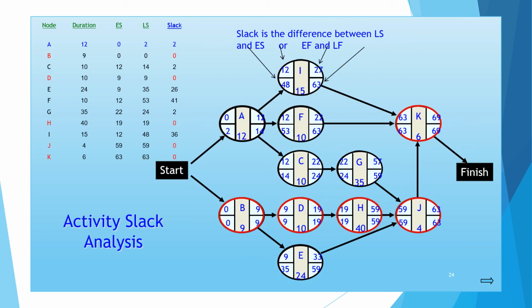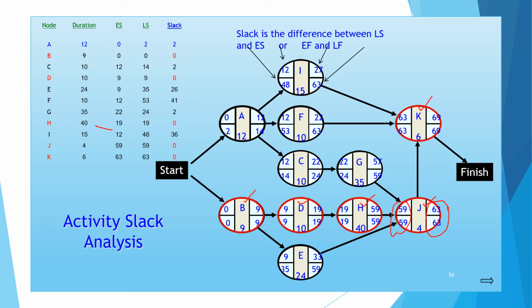And then just see, we already calculated B, D, H, J, K as the critical path. So in the critical path, the slack, that means the difference between latest finish and earliest finish, or latest start and earliest start, will always be 0.